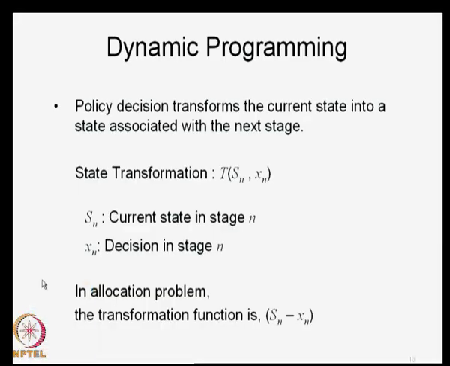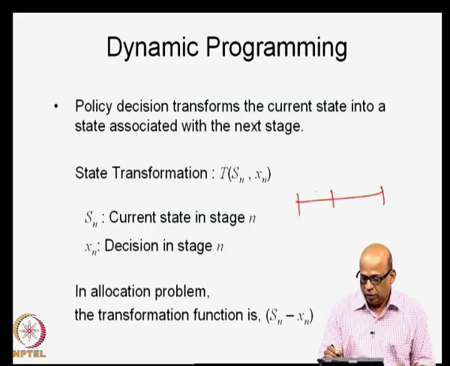Now, one requirement for this multi-stage problem is that we must be able to transform the state from one stage to another stage. What I mean by that is, let us say you are in stage number n here and this is stage number n minus 1.